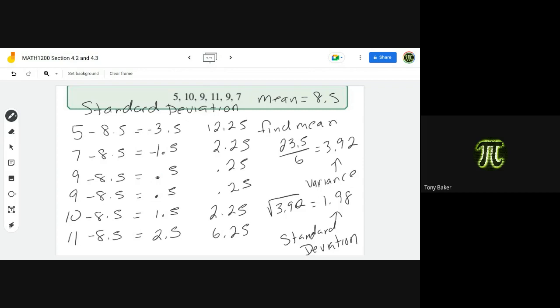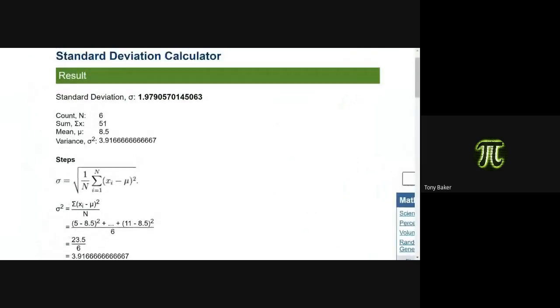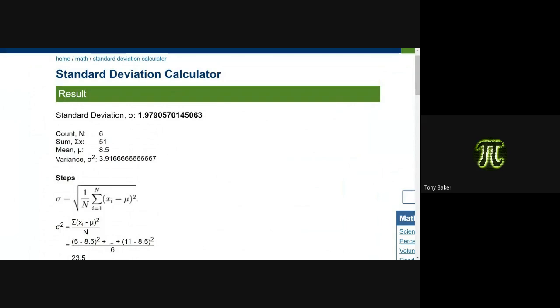I told you I'm only going to have you do this once because we have calculators that do it for us. So for anybody who's going on, I cannot honestly believe any other teacher will ever make you physically find standard deviation out by hand.